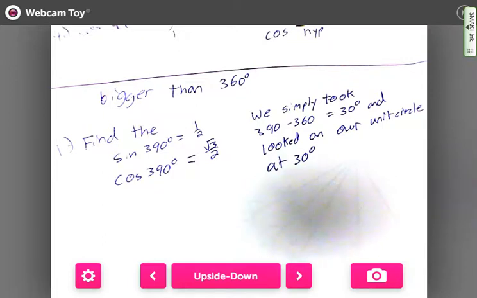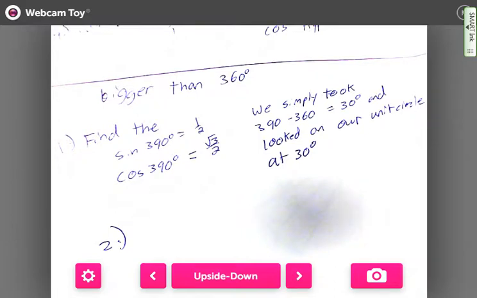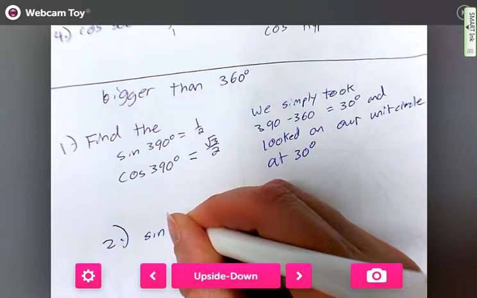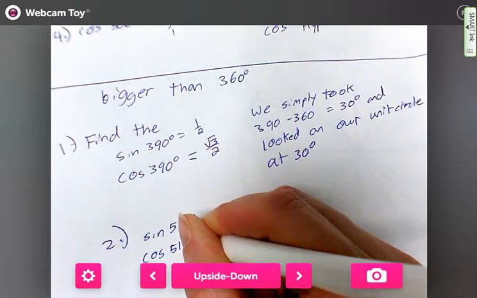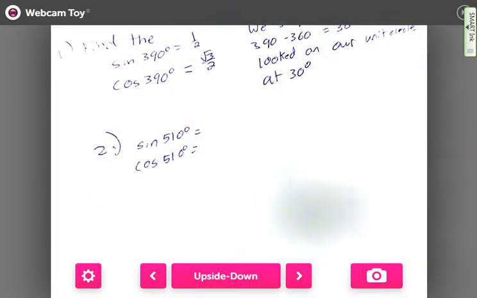Okay, let's try another one. So, what if we had a really big one? I want you to find the sine and cosine of 510. You guys try it on your own. I'll give you a second. Try to find the sine and cosine of 510.